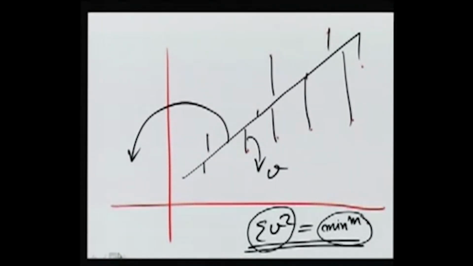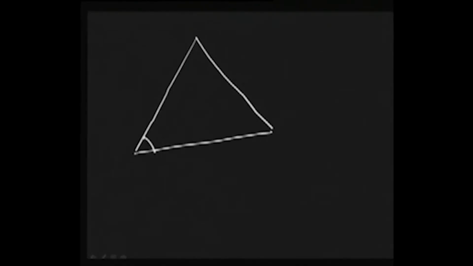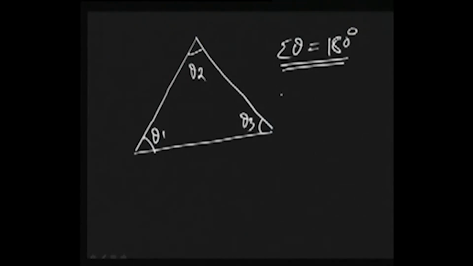In our observations, as we are talking of the case of a triangle, we are observing there theta 1, theta 2, theta 3, and our functional model was sigma theta should be equal to 180, isn't it? So what we try to do, we first know somehow the weights of these observations. These are the weights.